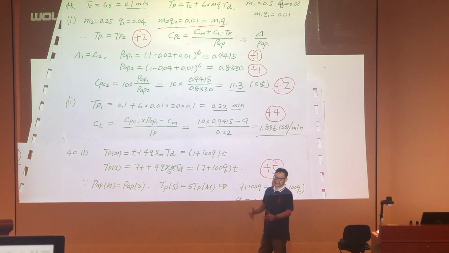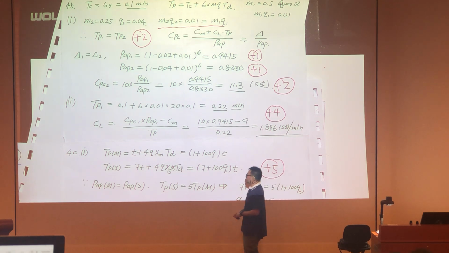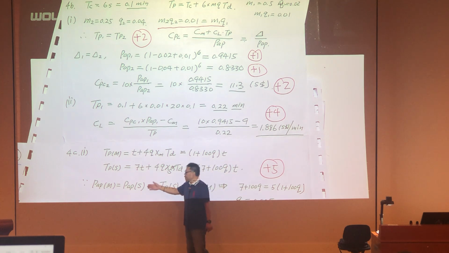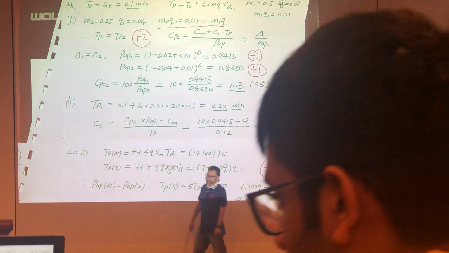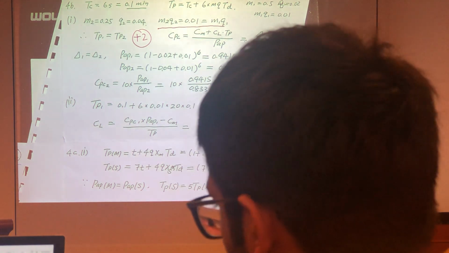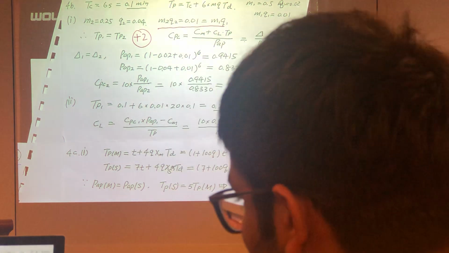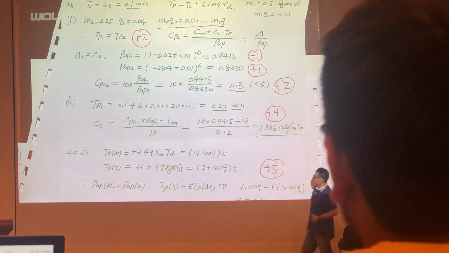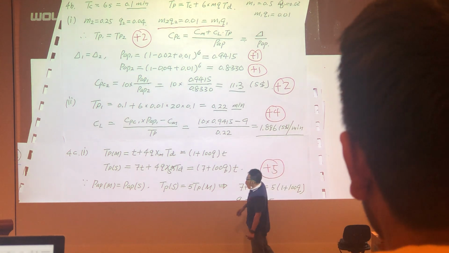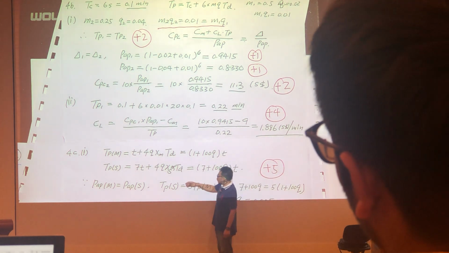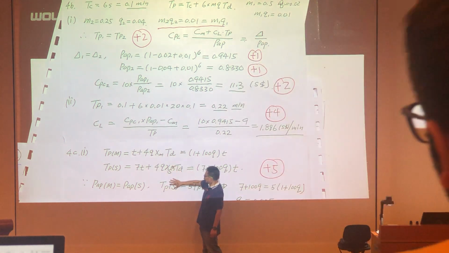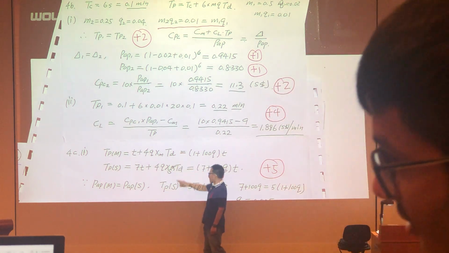Q the same components, Q certainly the same, so that's why we got PEPM equals to PEPS. We don't need to do any calculation. And meaning that, what we have is TPS equals to 5 times TPM.